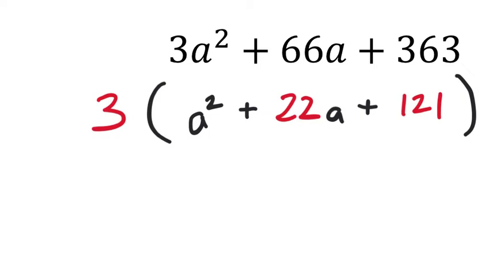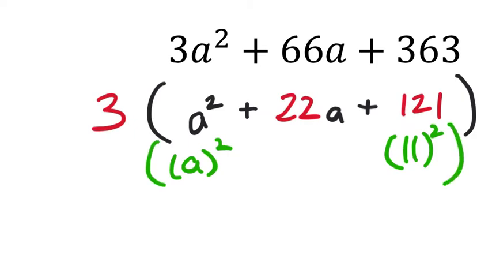Now, the leading coefficient being a 1, in fact, I'll make it a phantom 1. Yeah, we're going to look at the same thing that we did on the last problem. I'm looking for any two factors of 121 that would add up to 22, okay? Now, even before I do that, one thing, which is kind of a shortcut here, is I see 121 is the same as 11 squared, and a squared would be like this, okay?